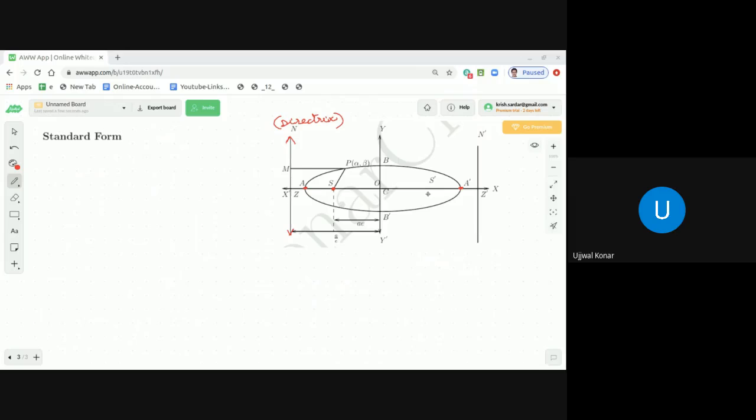So then what are we going to get, dear students? If you see the point A, that actually divides ZS. This is the point Z and this is the point S. A divides ZS internally in the ratio 1:e, and the point A dash divides ZS externally in the ratio 1:e.